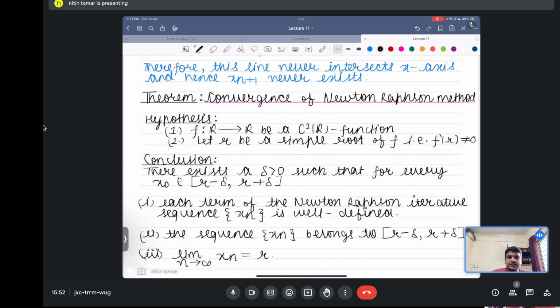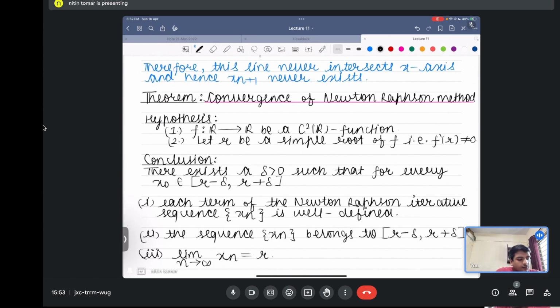The hypotheses are the same as the secant method. We start with a C^2 function and consider its simple root. By simple root of f, we mean that it is a root of f and its multiplicity is 1. Its algebraic multiplicity is 1. So it comes out as a linear factor, that is, f prime of that root is never 0.